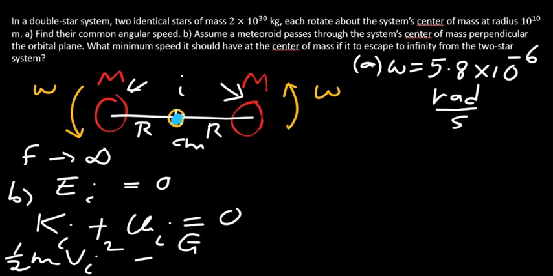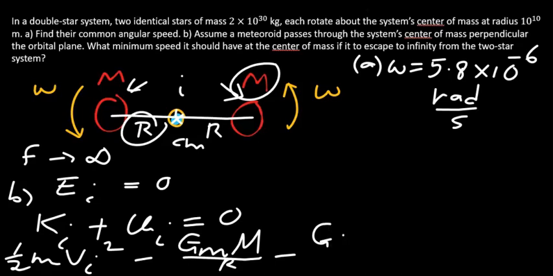The gravitational potential energy of the meteoroid and the left-hand star is given by minus G little m times capital M over that separation. And again, another similar term due to the contribution from the right-hand star, little m capital M over r. So r is the separation distance between the meteoroid and each of the two stars. And of course, all this will go to zero.